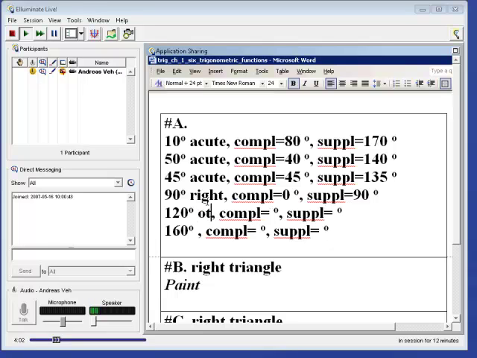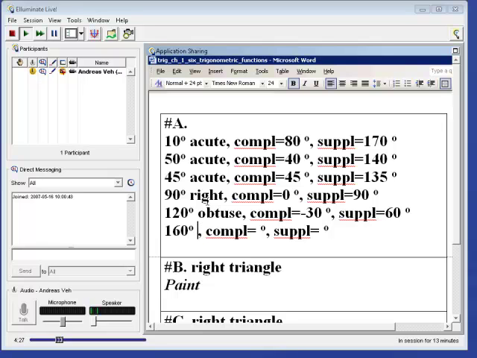120 degrees, that's an obtuse angle. The complement is, well, I would say negative 30, correct? Let's see. Yep, negative 30 degrees. And the supplement is 60 degrees.